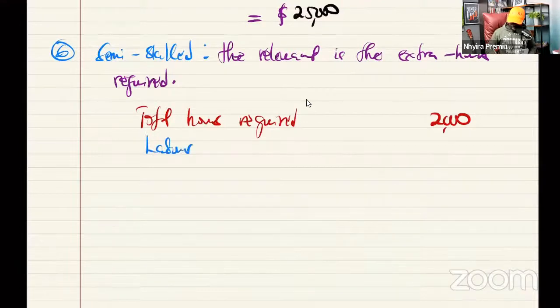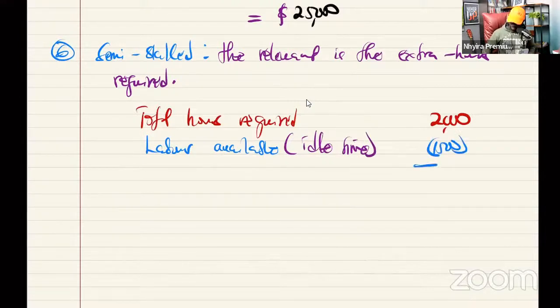Labor hours available: these guys have spare capacity, let's say idle time, 1,500. We don't have to pay for that. So the excess hours we need is 500. It's 500 hours. Now stay with me carefully here.